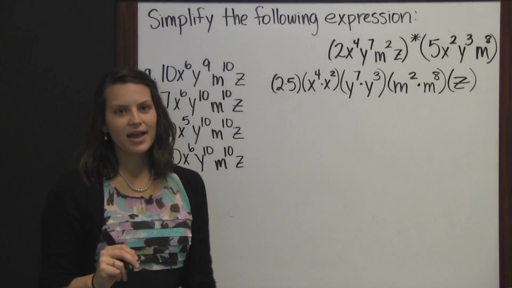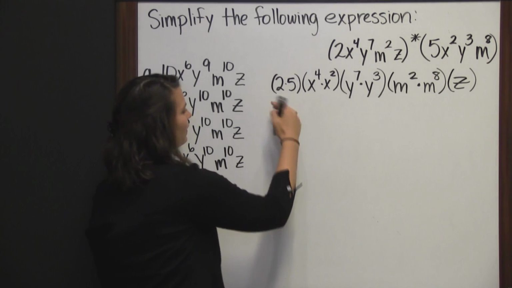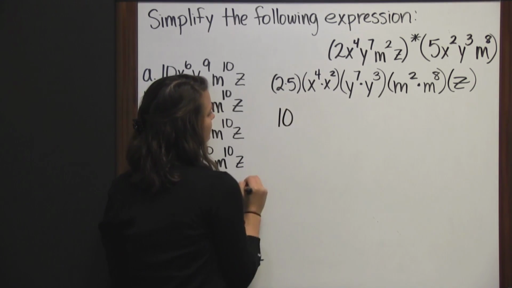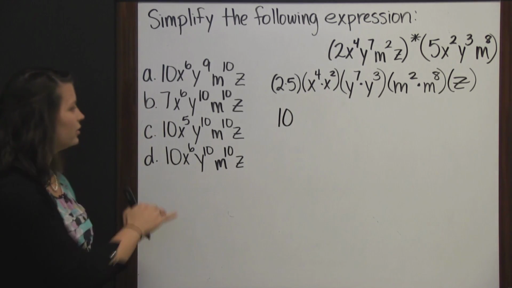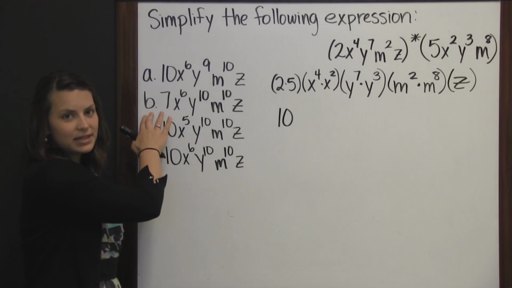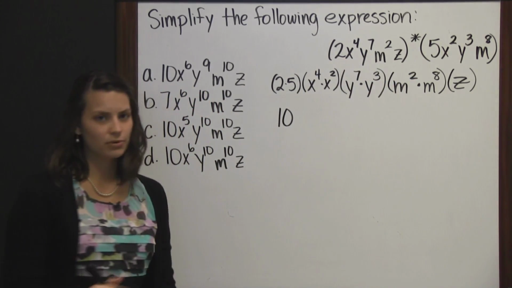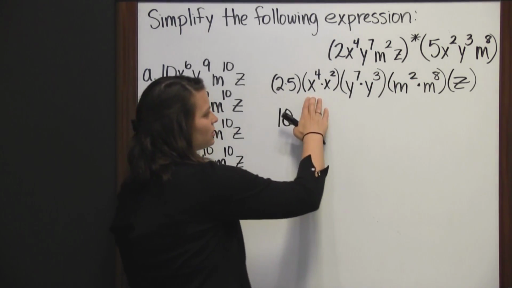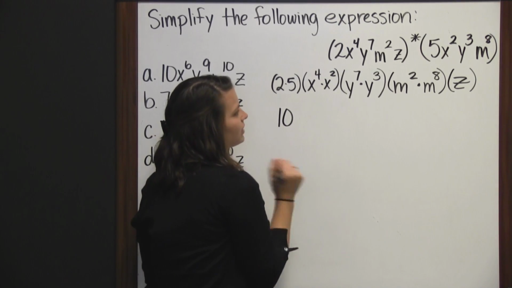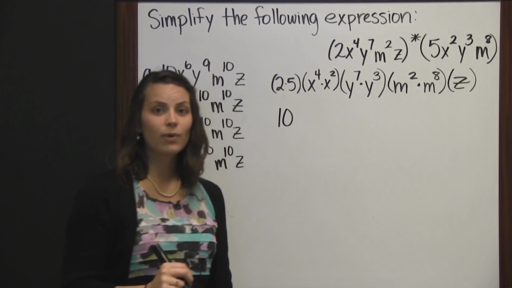And now we'll simplify each one of these. So 2 times 5 is 10. And so right now you could already eliminate answer choice B because we're multiplying. We're not adding 2 and 5 together. We're multiplying. And then we get to our x's. X to the 4th times x squared.